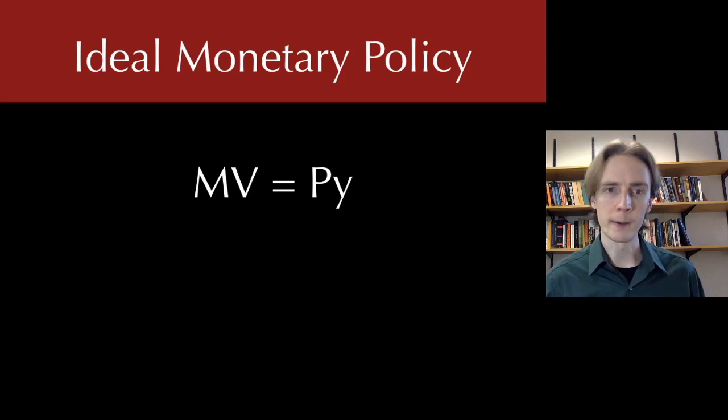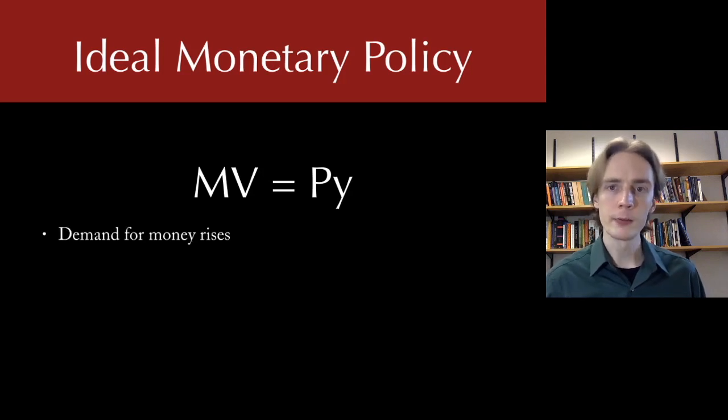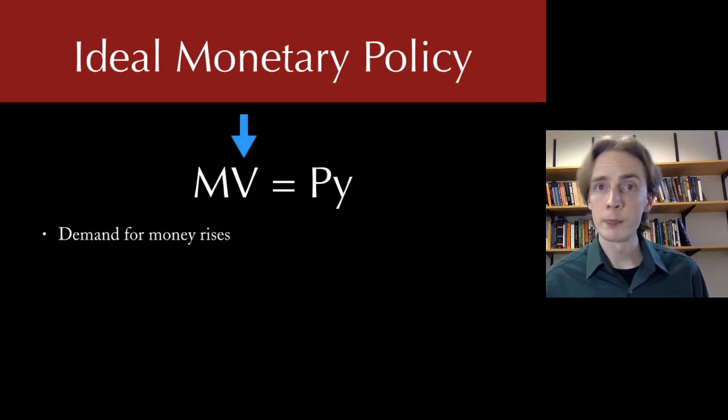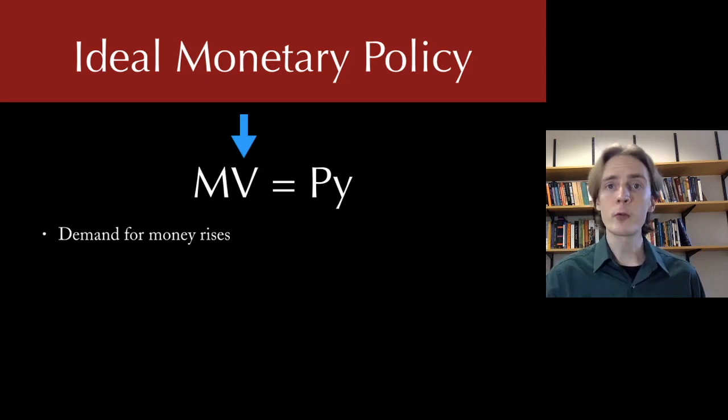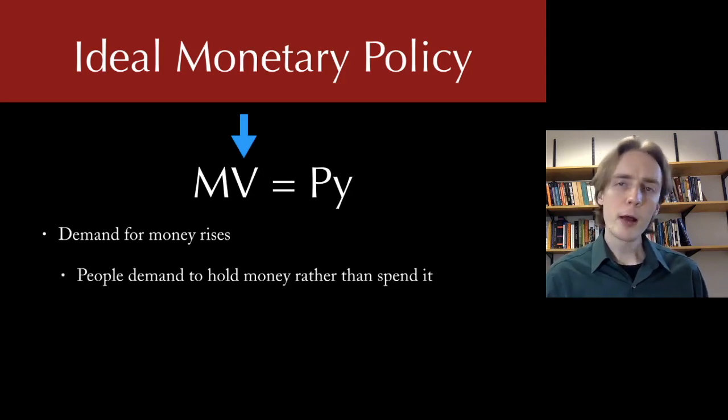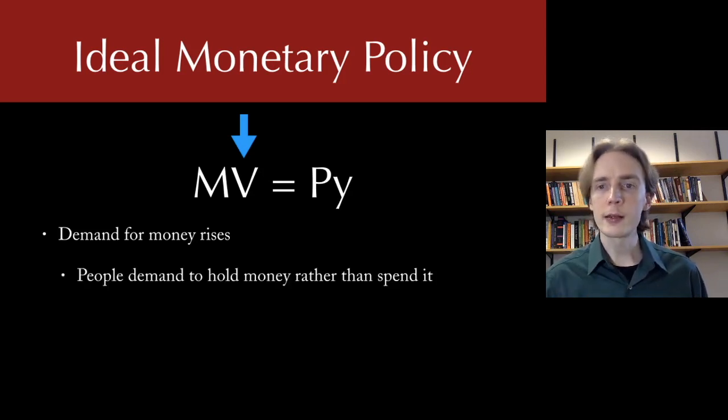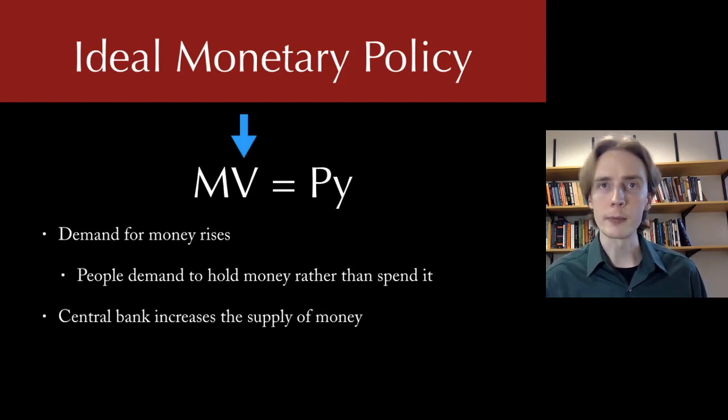Here's what this looks like. If the demand for money rises, velocity is going to fall. Remember the logic behind that. People are wanting to hold on to their money rather than to spend it, and so the rate at which a dollar flows through the economy on average is going to fall. So now suppose that the central bank increases the supply of money.